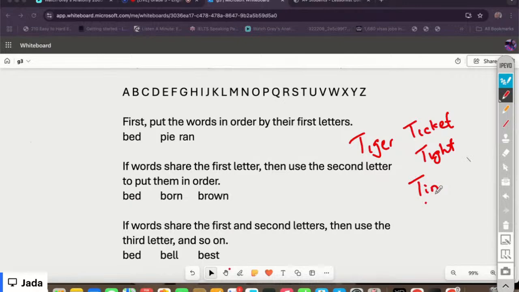We have tiger, ticket, tight, and team. So the first two letters are all the same. So you have to look at the third one, arrange that, and send it on the chat.